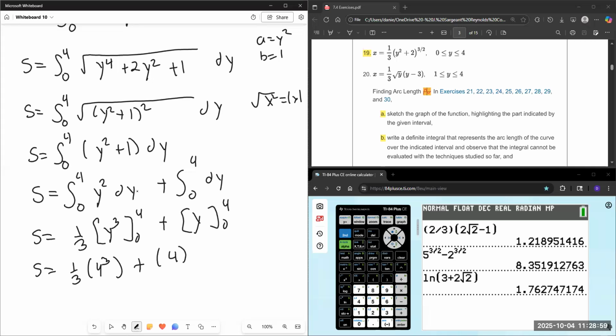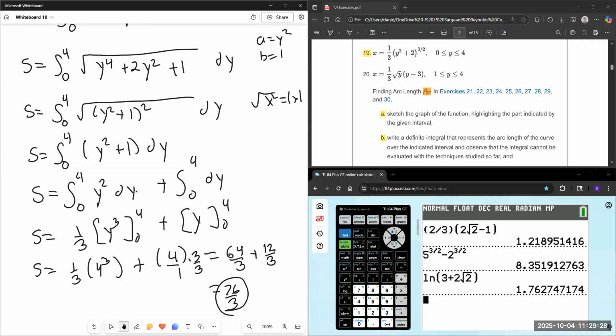The zeros aren't going to do anything, so 64 over 3 plus 12 over 3, since 4, I'll multiply by 3 over 3, and that becomes 76 over 3 for my final answer for my arc length for number 19. No approximation really needed for that.